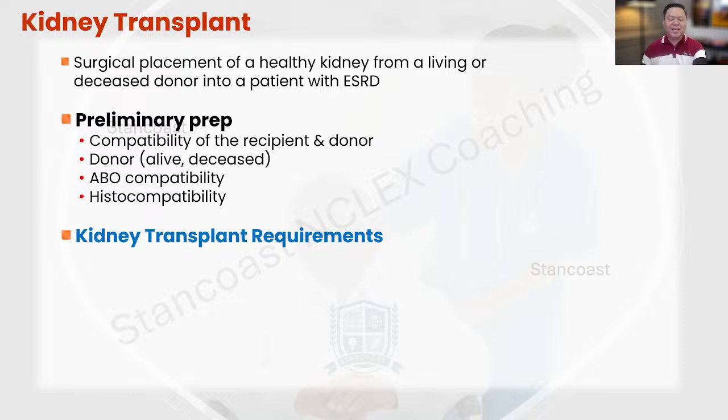Now, at this point, we're going to talk about the requirements for kidney transplantation. The recipient must qualify according to these criteria. This is not the list of what's going to disqualify them, but some of the requirements that could qualify them for getting a donor.